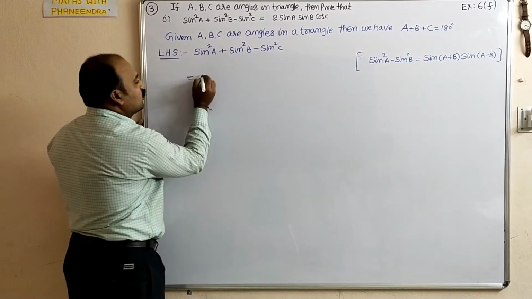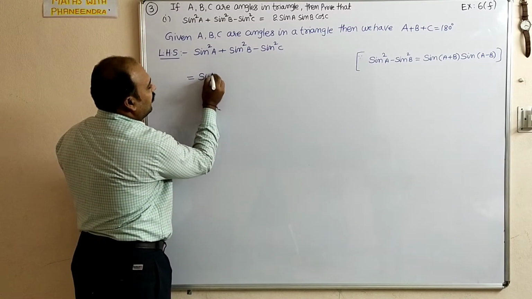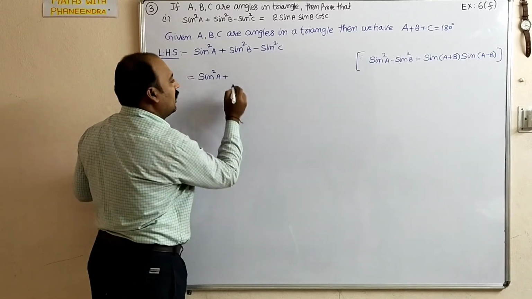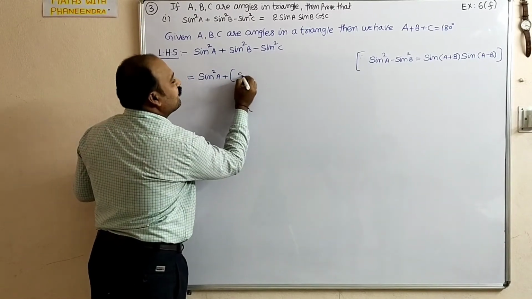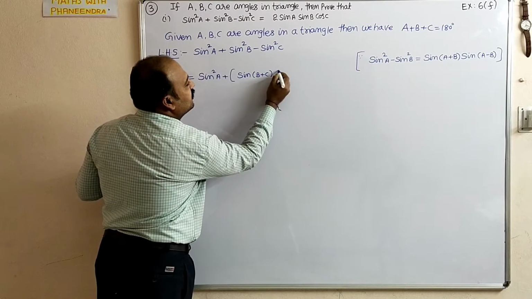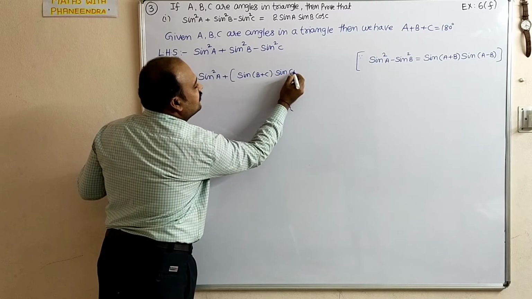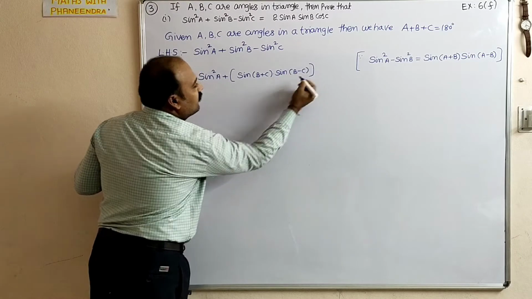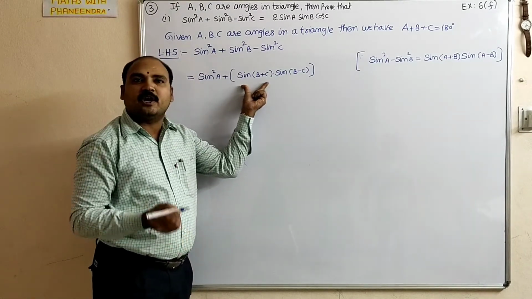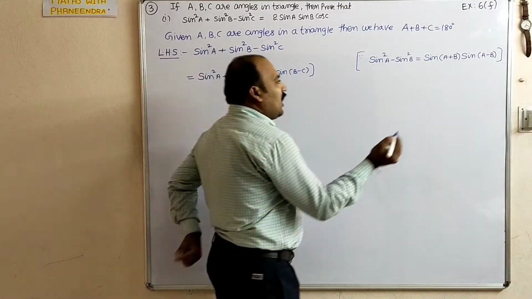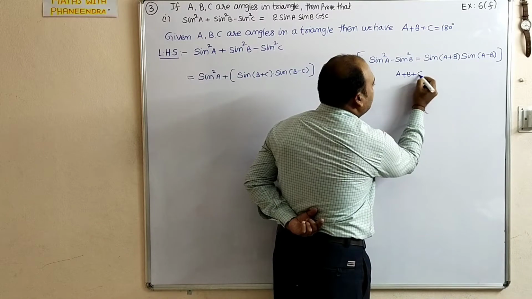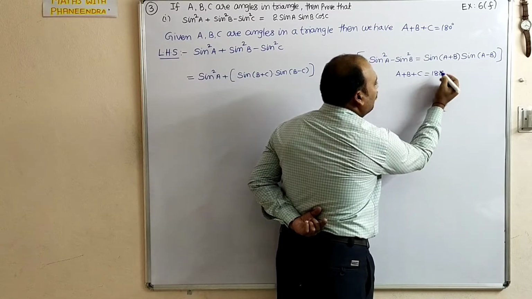So, sin square A plus, for the next two terms, we are going to apply the formula, keep bracket, sin of B plus C into sin of B minus C. After completing this step, we need to get the value of sin of B plus C. See here how we are going to get it. We know that A plus B plus C equal to 180.